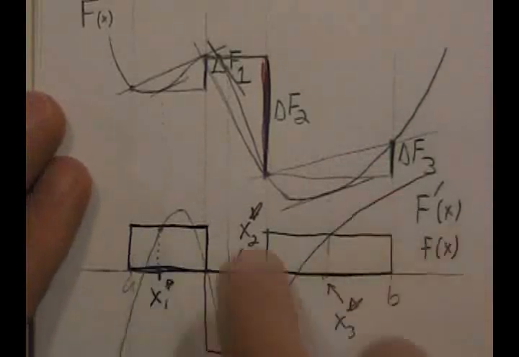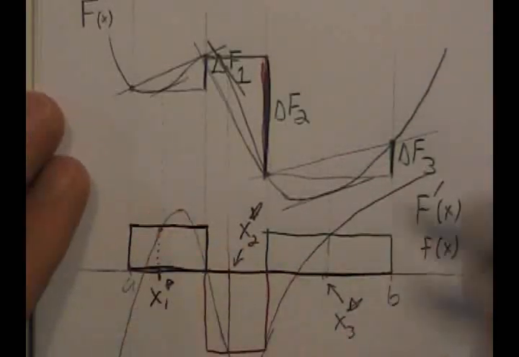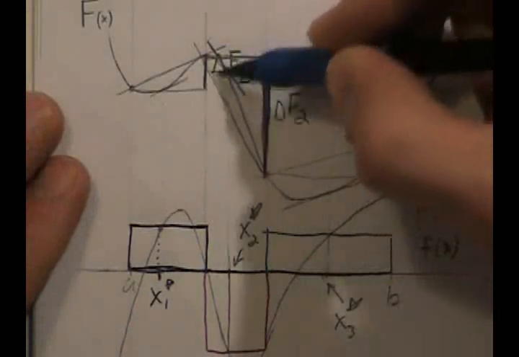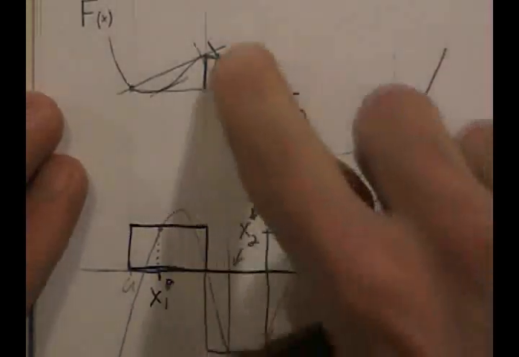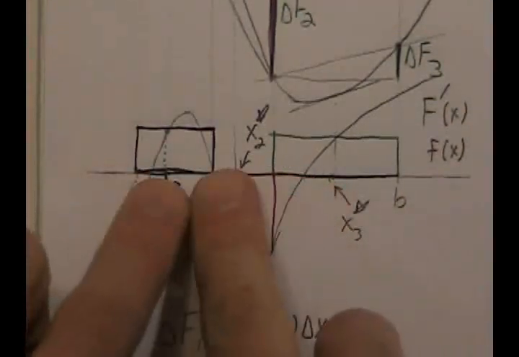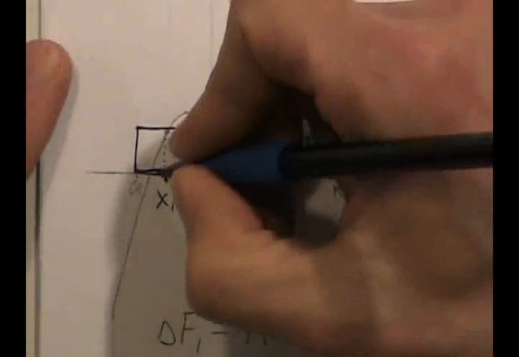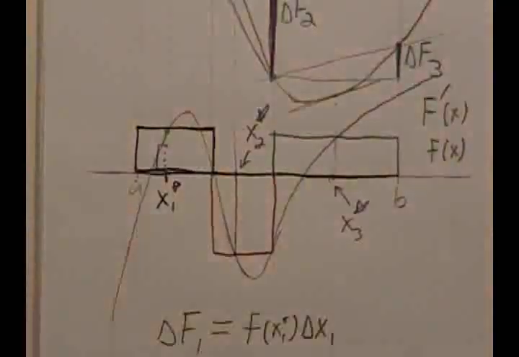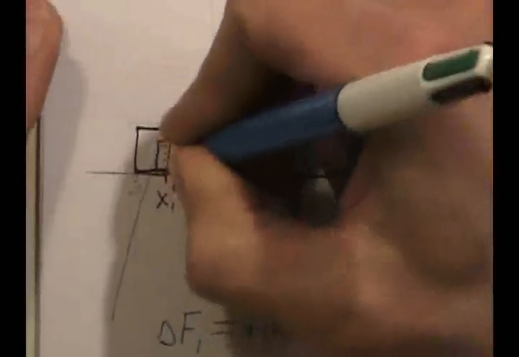We would have had more of these ups and downs, and that would have corresponded to a bunch of these rectangular boxes here, which, if they get really, really small, you would see that they would start to conform to the shape of the curve.